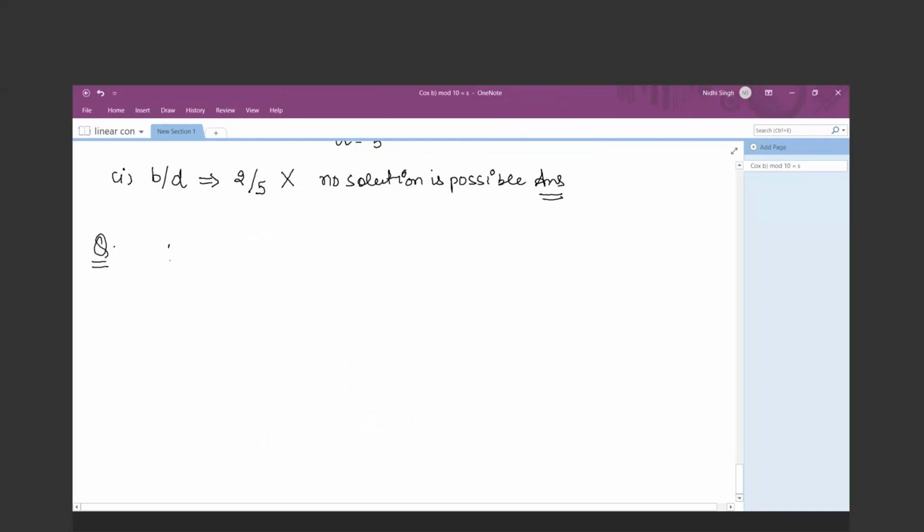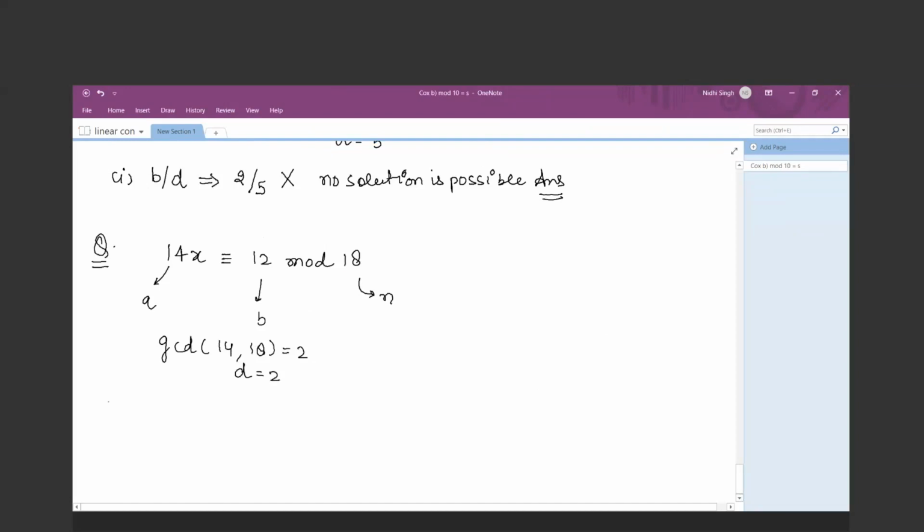Now another question, that is 14x congruent 12 mod 18. These are the values of A, B and n. So first find out the GCD of A, n. So it is 2. So the value of D is 2.